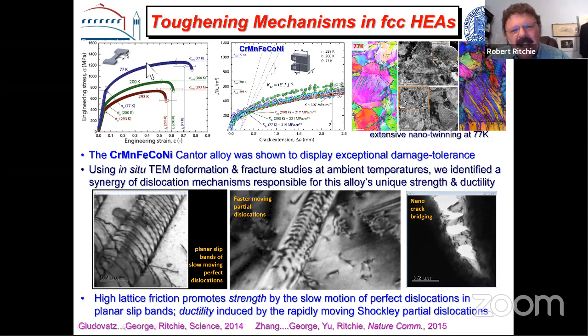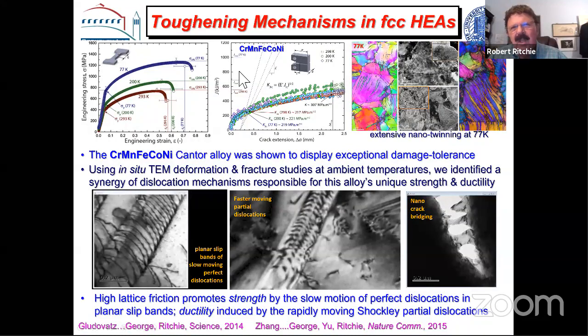Now, this is due to steady strain hardening, which is enhanced at low temperatures because you form these nano twins. But this steady strain hardening is intriguing because you get this duality of deformation mode. You get a synergy of deformation, which provides for both strength and ductility.